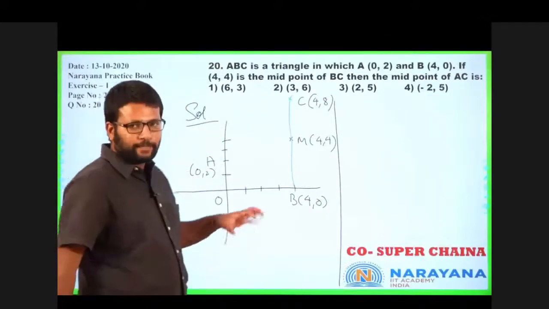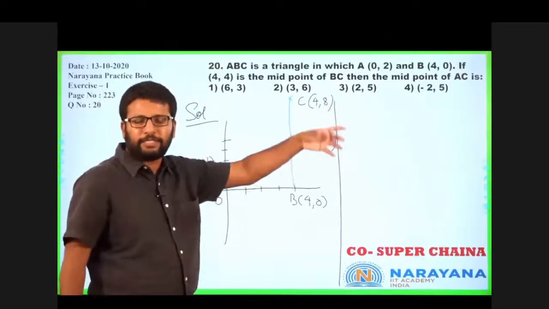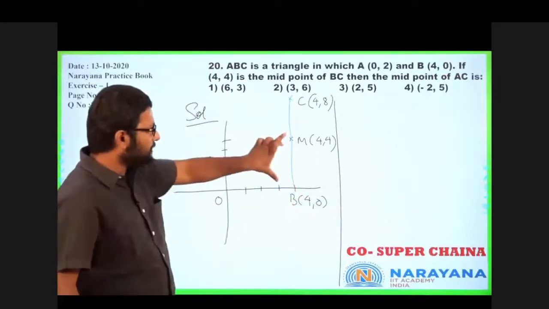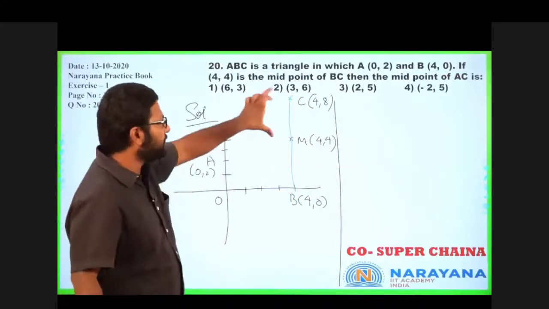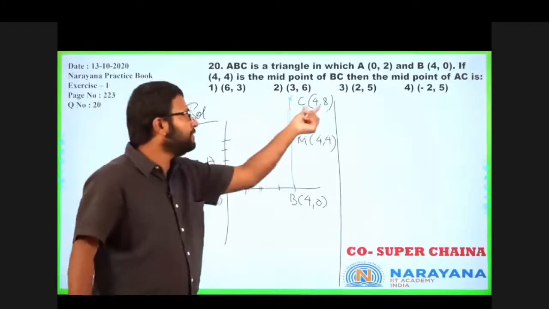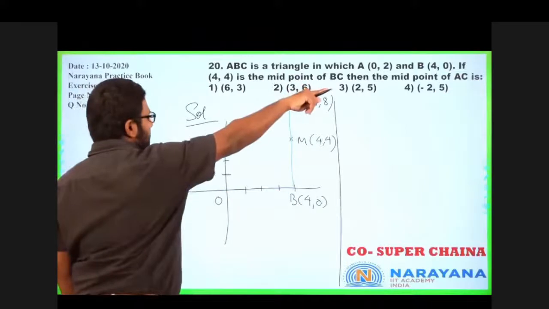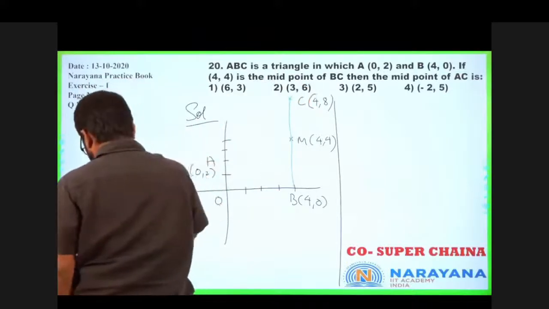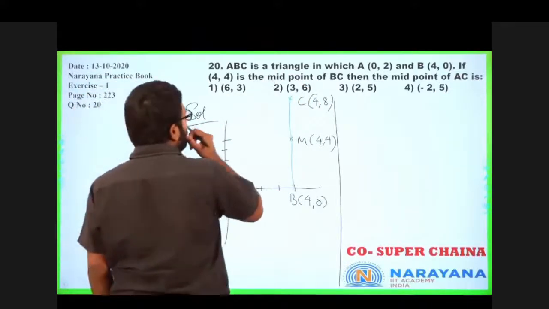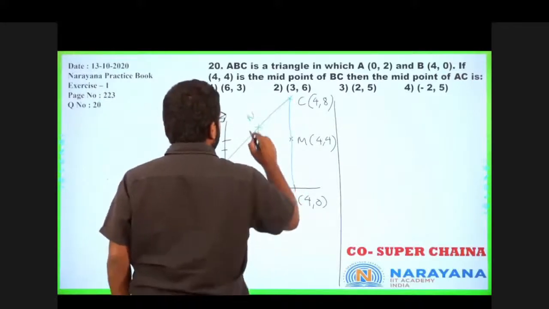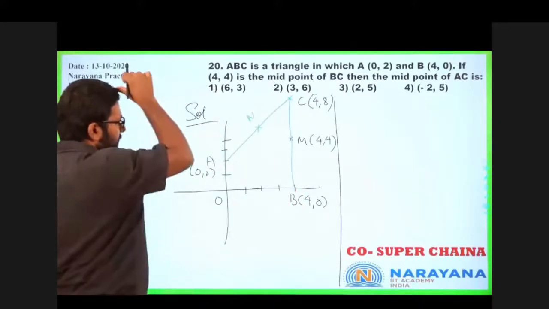Can you see that? Of course you can use the midpoint formula, you can use the section formula, but what I'm trying to say is, this is (4, 0), this distance is 4 units. This is the midpoint, so this is also 4 units. So this should be (4, 8), right? Then they're asking about the midpoint of AC. So just join A and C. Call this point N. Alright?